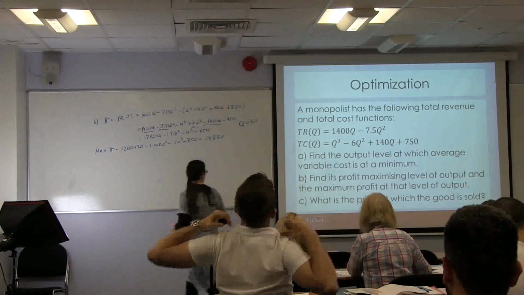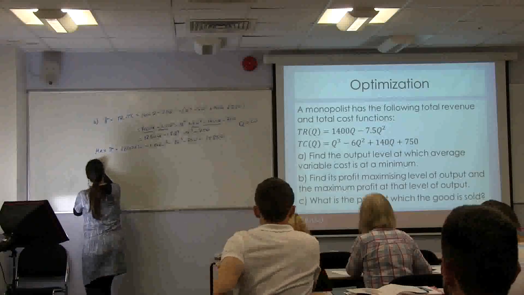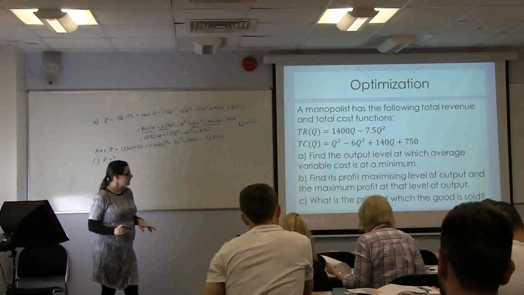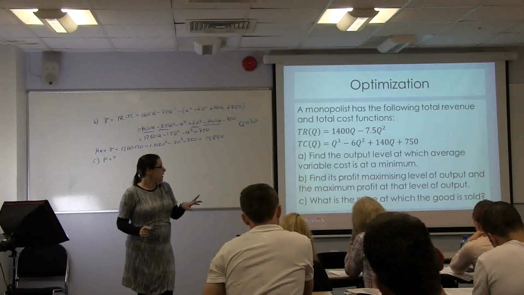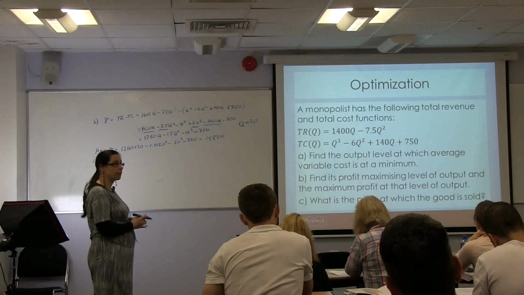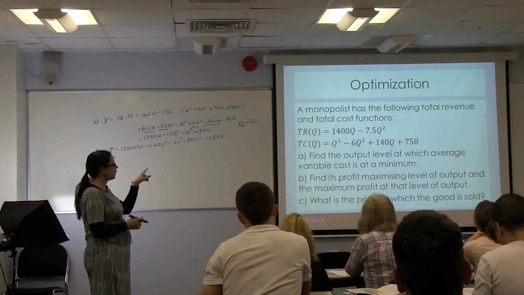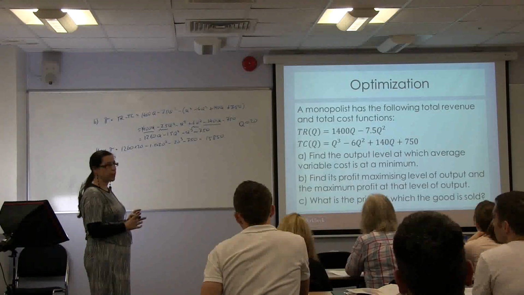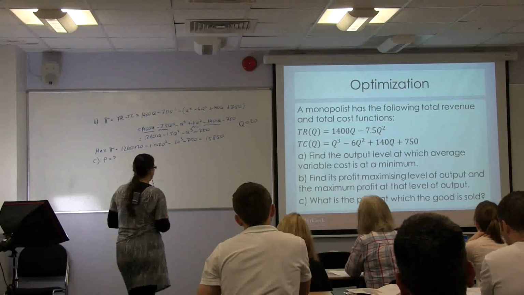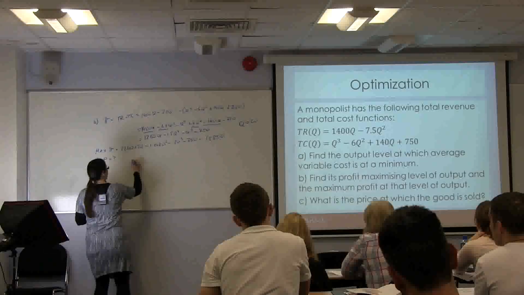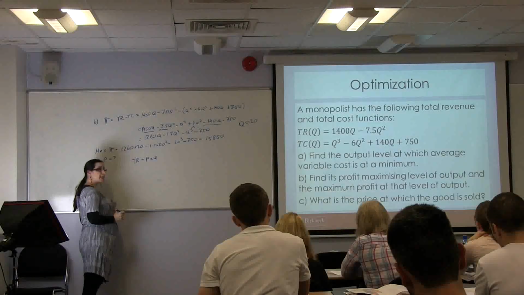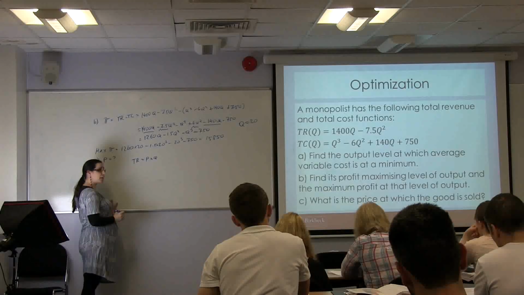And we got one more question. What is the price at which the good is sold? Now, I've got two functions, but none of them have any price in them. Well, what do I know about the total revenue? So if I know this, then how can I calculate the price?